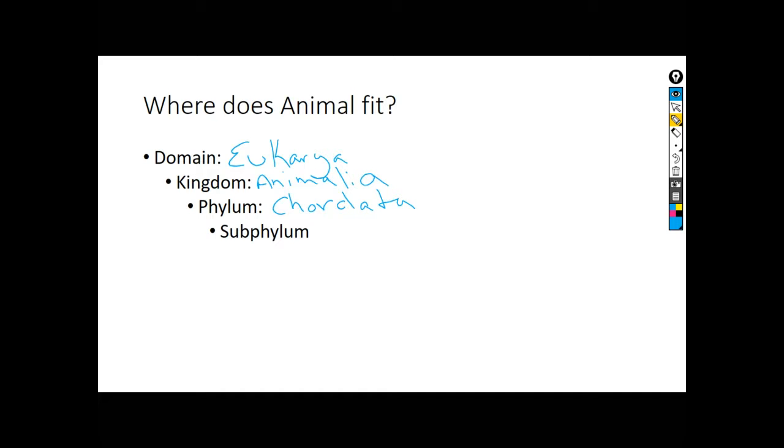Okay. So our Chordata is just getting rid of our invertebrates. Right? We just want to look at things that have internal structure of some kind. So this is just going to negate anything that has no internal structure. Right? Insects, jellyfishes, anything like that. All of our invertebrates.